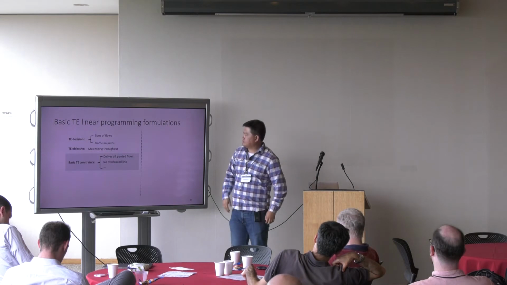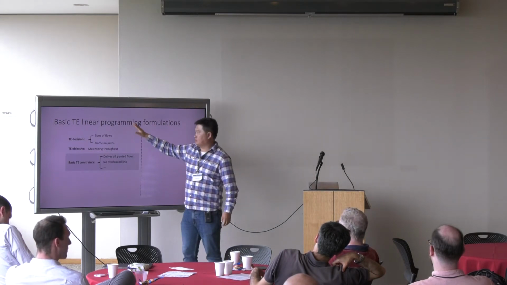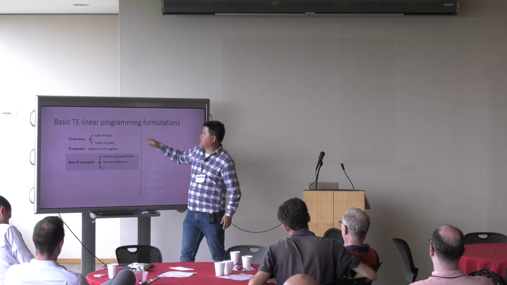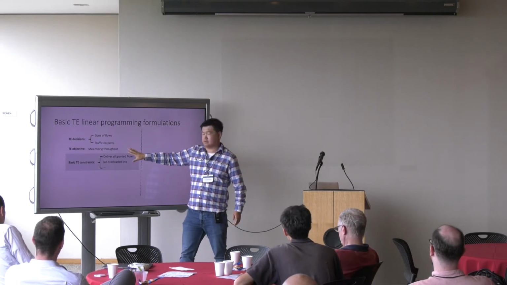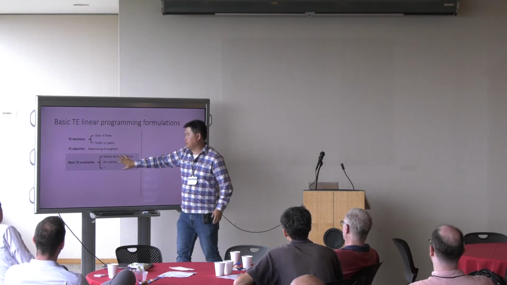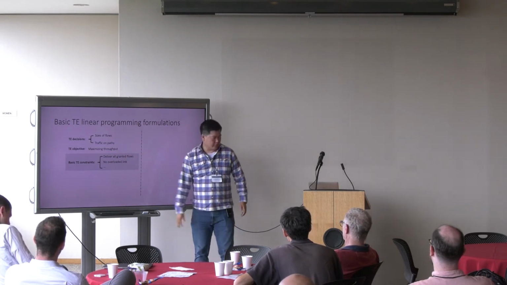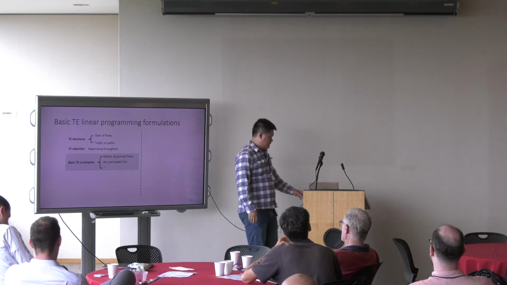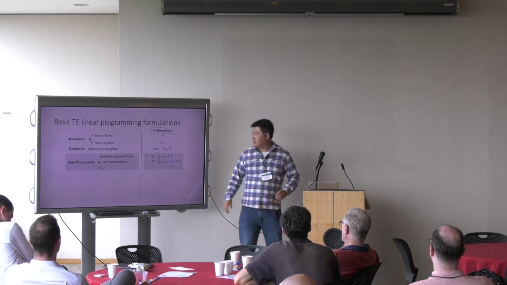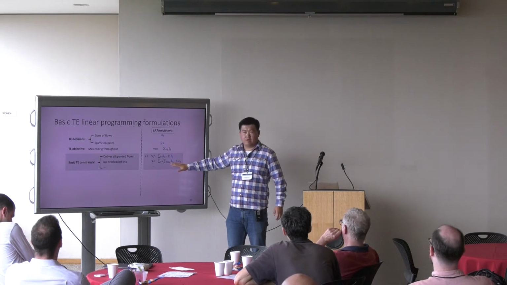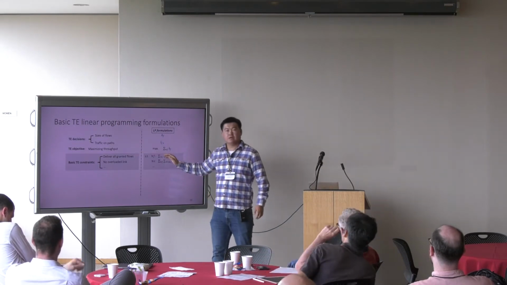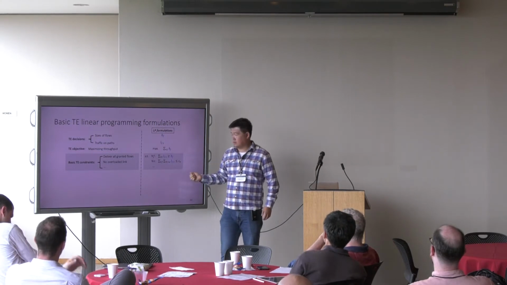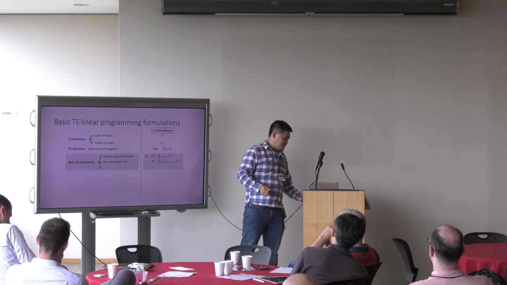As we said in the previous talk, the basic formulation of traffic engineering is simple. It's basically a multi-commodity flow optimization, right? It has a regular objective and constraints, and if we translate it, it takes this form. But of course, if you only have this, you cannot guarantee that your TE has an FFC guarantee.